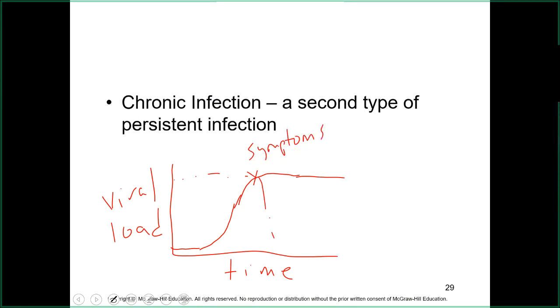It just stays pegged out at that maximum level. And that's a chronic infection, very long lasting, right? And so the hepatitis viral infections, in particular Hep B, is like this. Okay, it's a chronic type of infection. So that's a second type of persistent infection. Some others, I'm sure, that look like that.